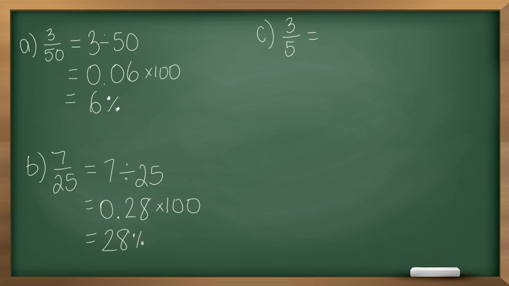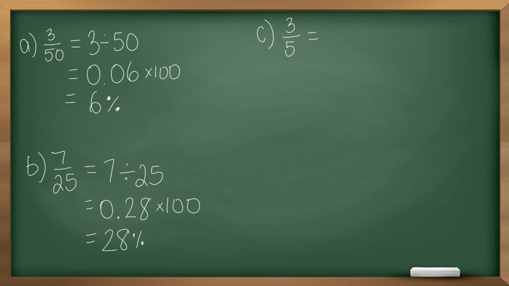So next I have 3/5. I want to turn it into a percent, or express it as a percent, I guess. So the first thing I'm going to do is, again, use my mental math strategy. So get an answer in my head, and then I'll go through the procedure to make sure I'm correct. So 3/5, the first thing I would think about is that 3/5 is the same as 6/10, right?